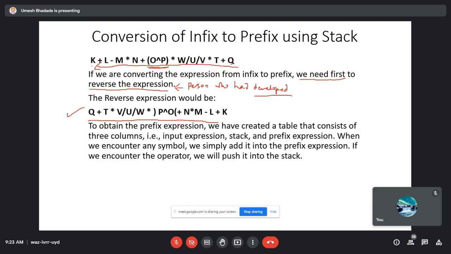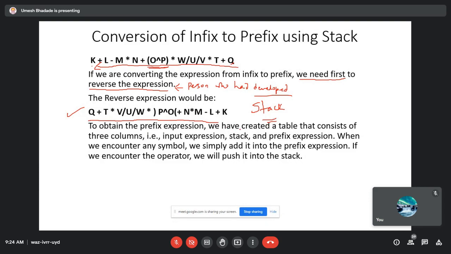So first q will be written, then plus t star, like this. Now, in order to convert this expression into infix, definitely we are going to use stack, as we are studying the topic of stack. So this is one of the applications of the stack, where you will need to convert the infix to prefix expression, right?